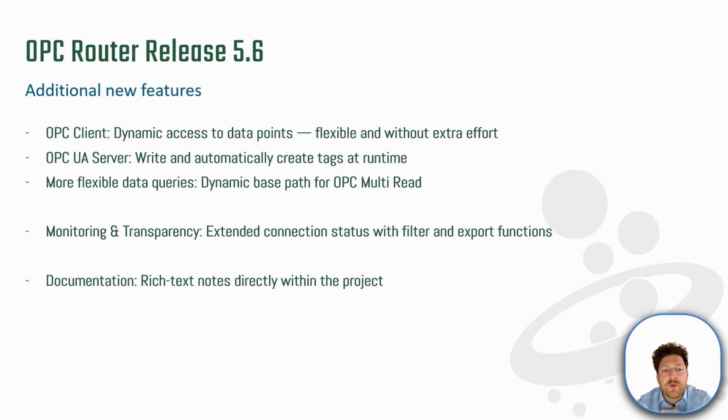It is now possible to create a proper documentation within a connection, including notes, screenshots, and a lot of different relevant information for the connection itself. This will help you, not only you, but also your colleagues. Really interesting. So, Jan, let's have a look now at the additional new features of the OPC Router 5.6.